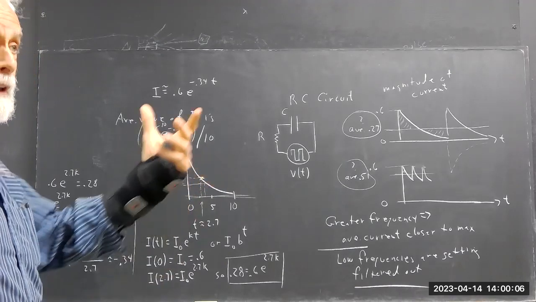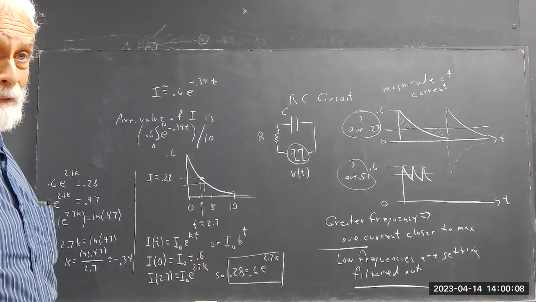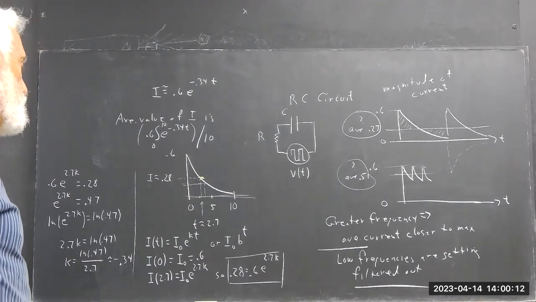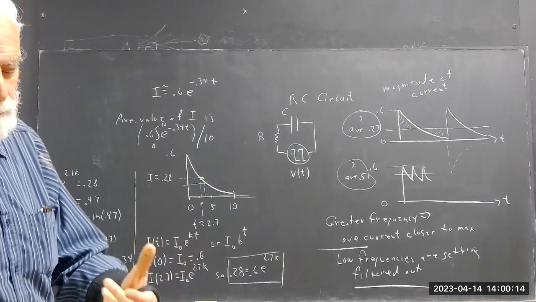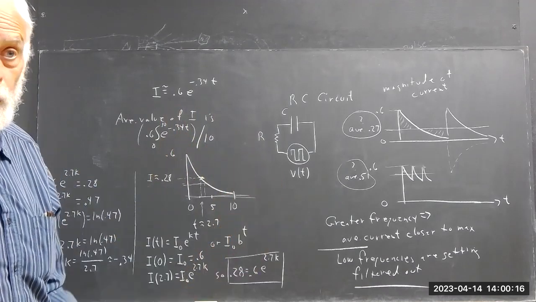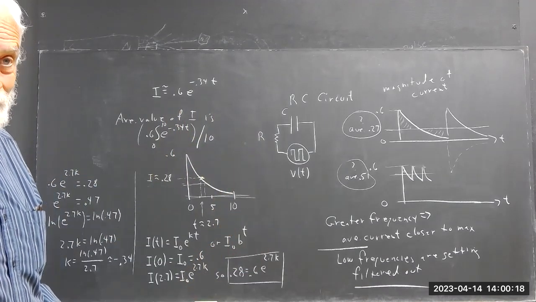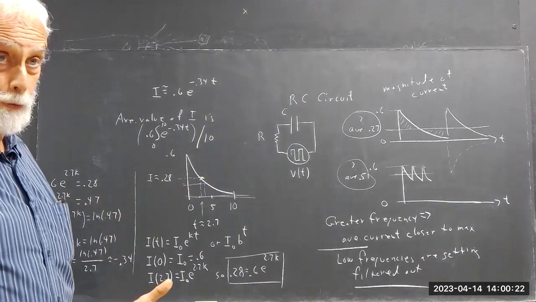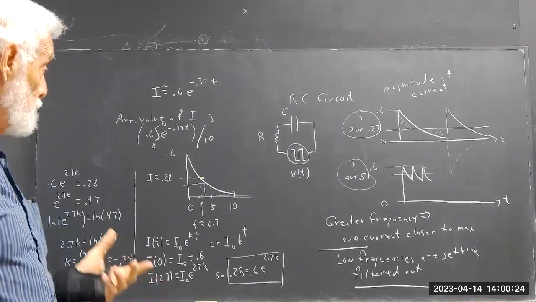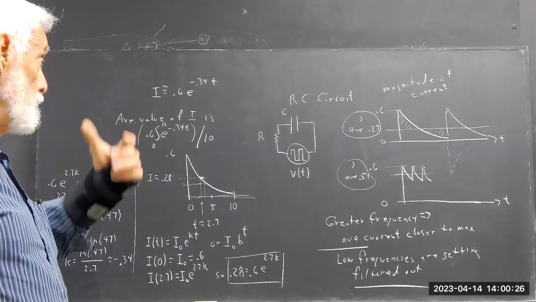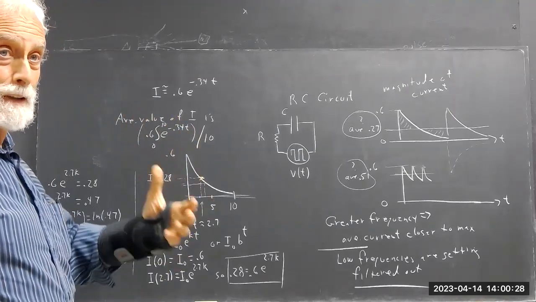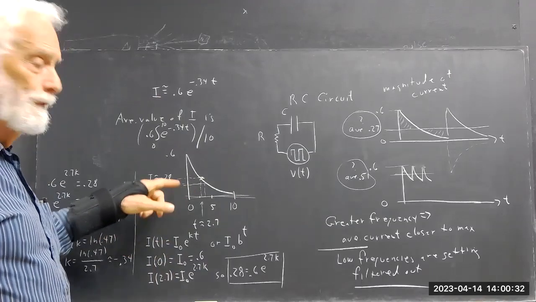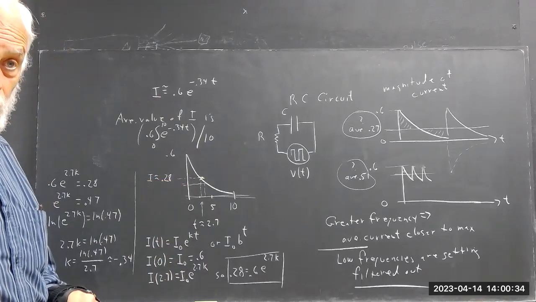So you can pretty much estimate that this is going to be 0.6 over 0.34. A little more than 0.6 over 0.34 is like 1.7, divided by 10 that's a little over 0.2. That's right in the range of what you estimated for your average values.